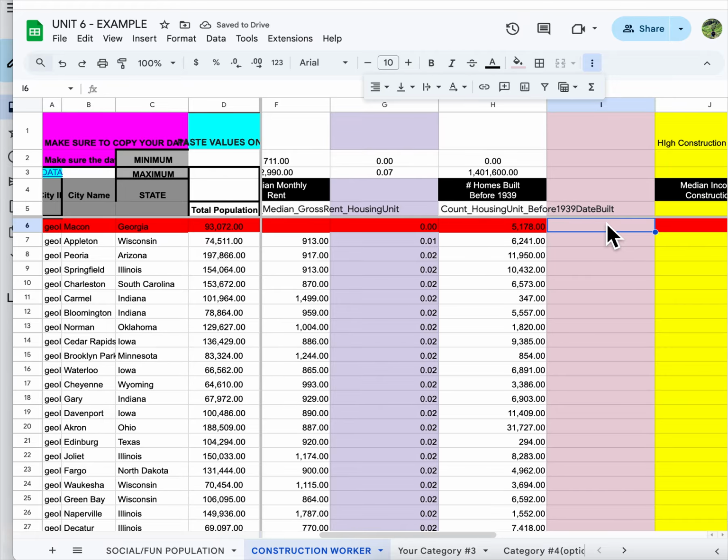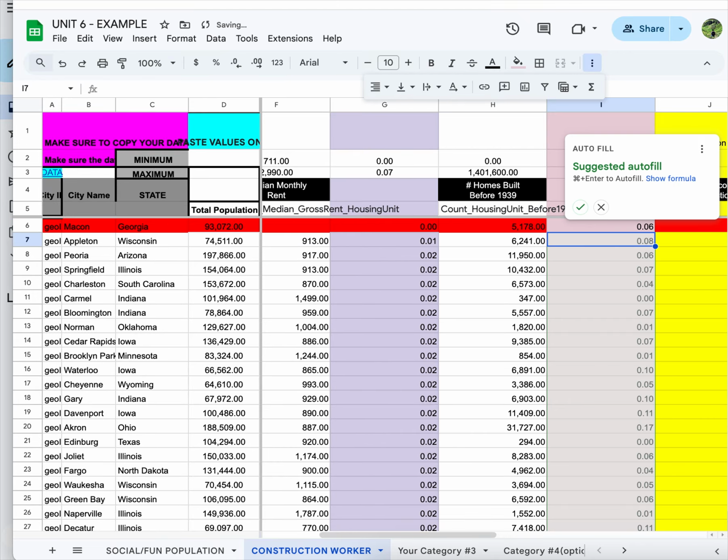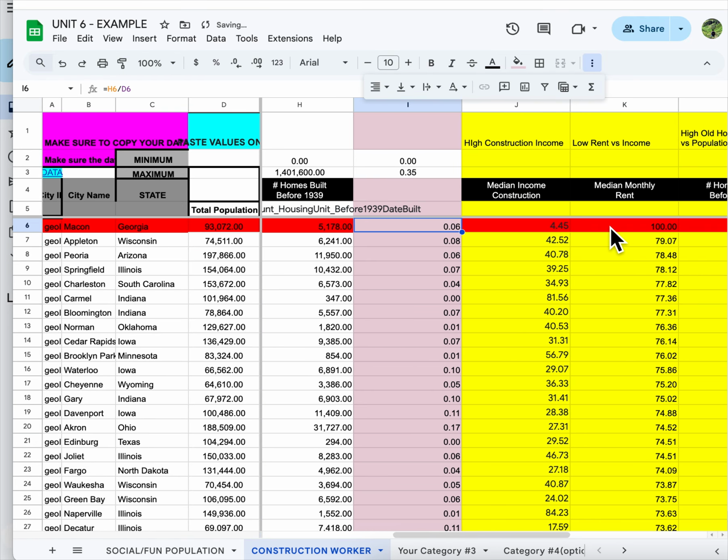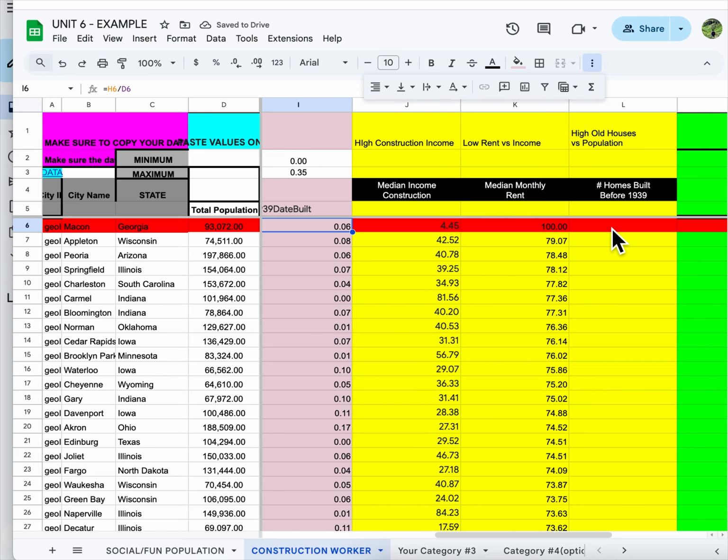So for this, we're going to take the number of housing units compared to how many people there are. Okay, and let's do, there we go. All right, so if we're going to be a construction worker, you could think of it as having a lot of work, having a lot of old houses compared to the population.